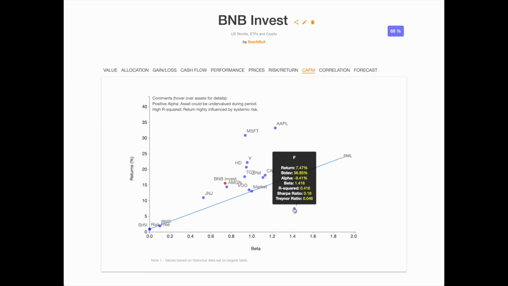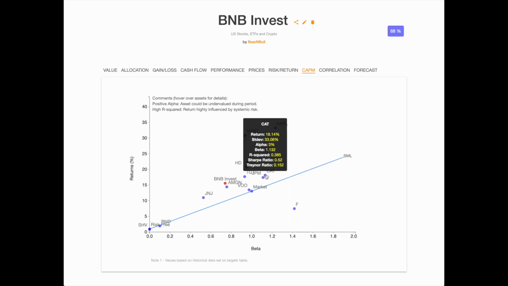But this is not the whole truth. There could be other factors other than overall market risk that are responsible for this difference in returns. So you should always look at the R-squared metric.